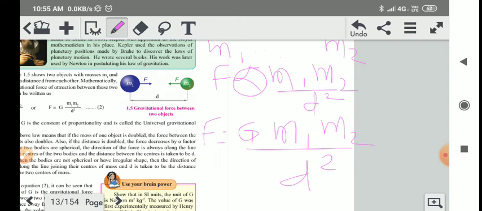So this is the universal law of gravitation by Newton. Every object in the universe attracts other objects by a definite force, and that force is directly proportional to the product of their masses and inversely proportional to the square of the distance between them.